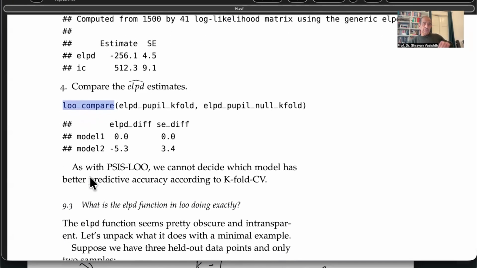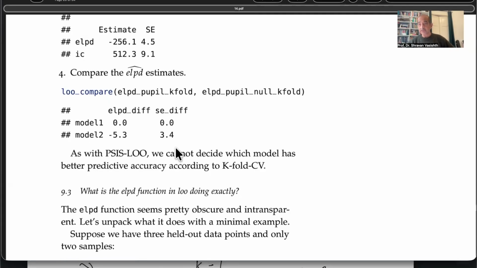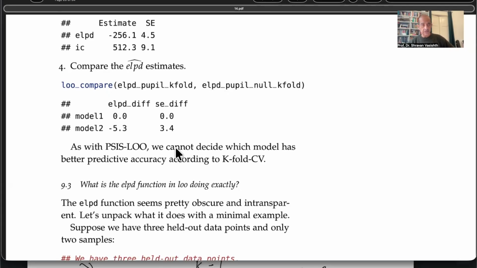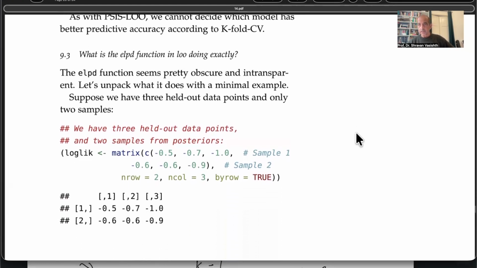Okay, so the same function does double duty in a way here, for computing the ELPD hats. So here you can see that there's not really any strong evidence for any difference, just like what we saw with PSIS-LOO. Same conclusion, that we couldn't really distinguish between the predictive capacity of those two models, the full and null models. Okay.